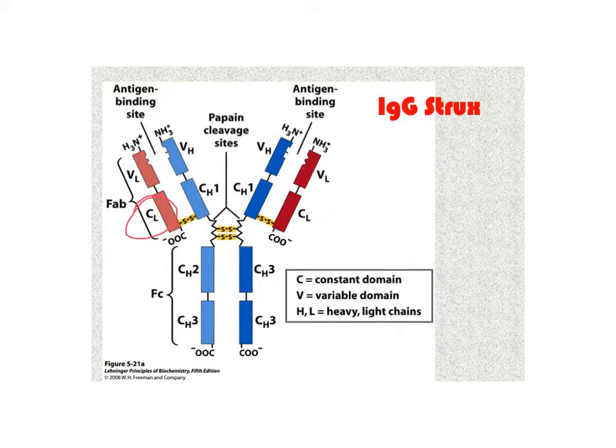And then we have the V domains, and the V domains do vary. This is the part in particular where the antibody will bind the antigen. An antigen is something that's going to elicit an immune response, but the portion of the antigen that's actually recognized by the antibody is called the epitope.